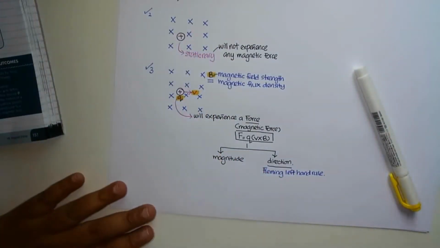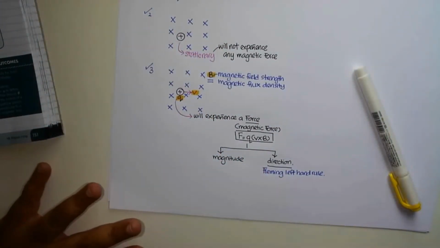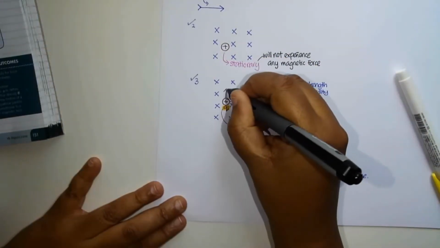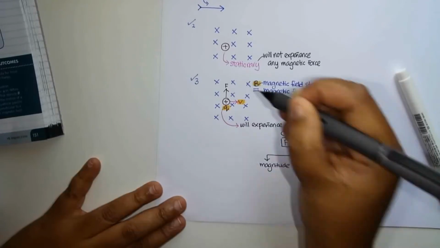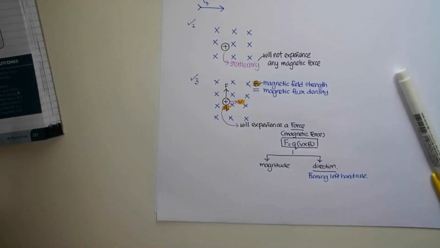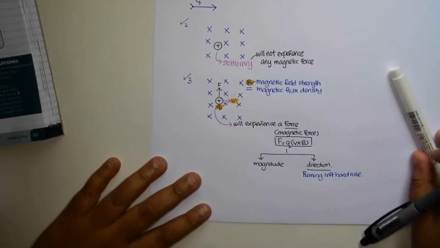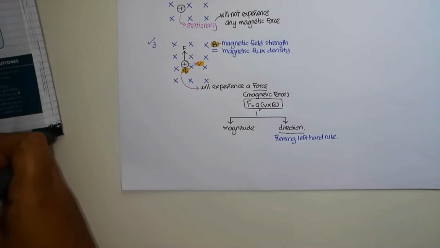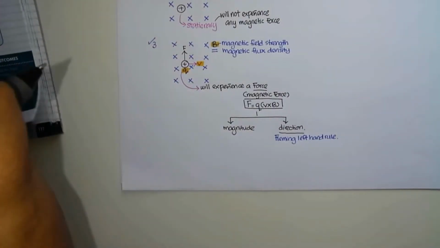So I can draw the direction of the force upward. This is how you determine the direction of a magnetic force, by using Fleming's left hand rule.